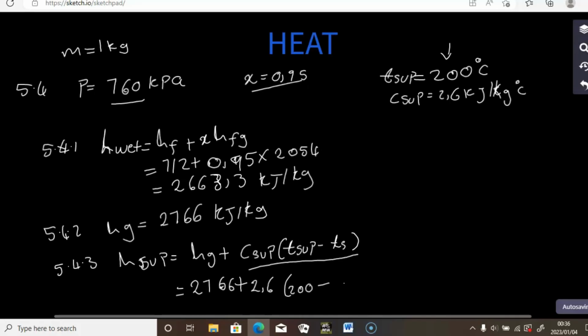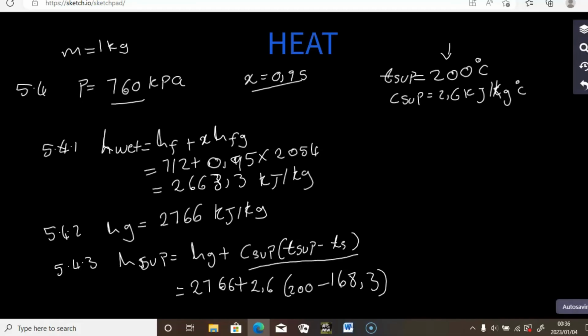Then the saturation temperature. The saturation temperature we are going to get from the steam table, the one labeled TS, corresponding with the pressure of 760 kilopascal. I extracted the value, and the value is 168.3. You should also go to the steam table to double check these values, because I'm also human, I make mistakes.